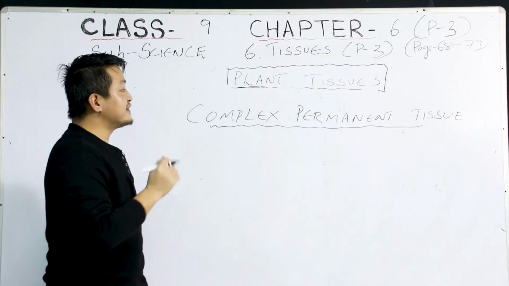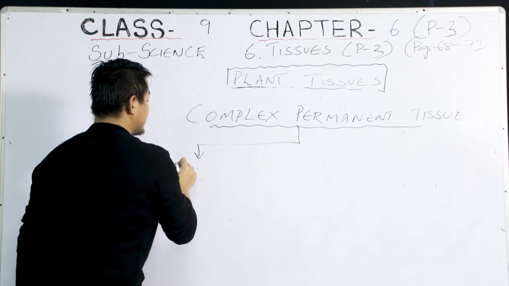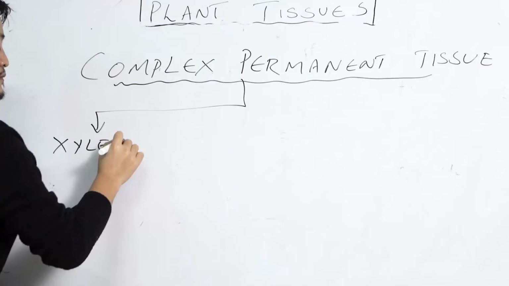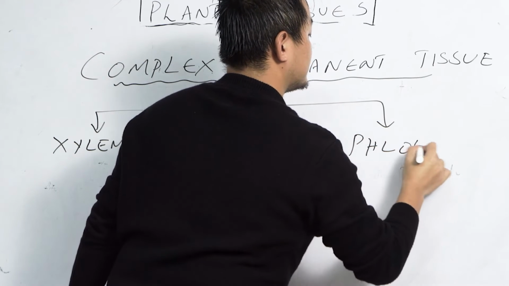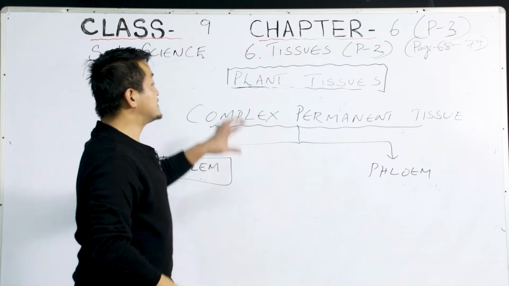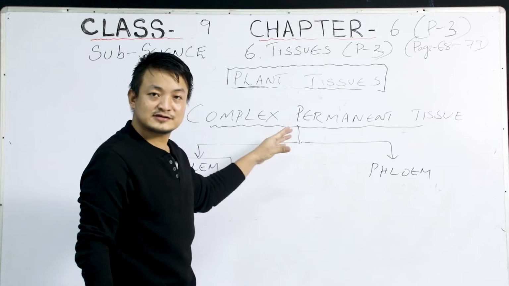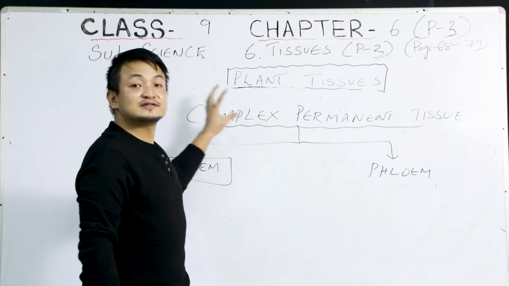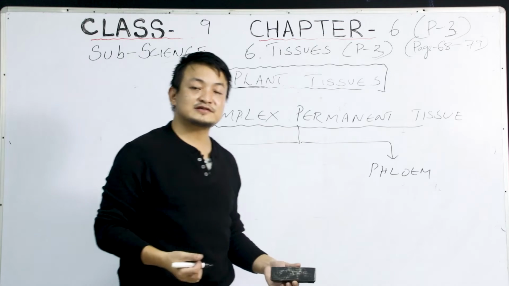Under complex permanent tissue, it is classified into xylem and phloem. Complex permanent tissue means multiple cells, because xylem and phloem are made up of multiple cells.